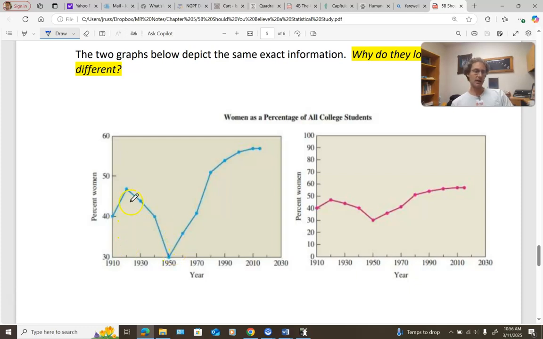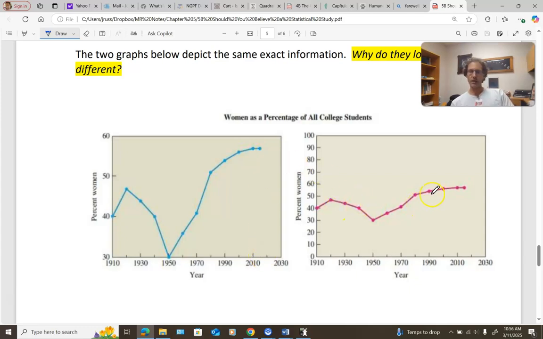It looks like from 1920 to about 1950 there was a huge decline in women going to college, and then there was a huge increase from 1950 all the way to 2016 or whatever.